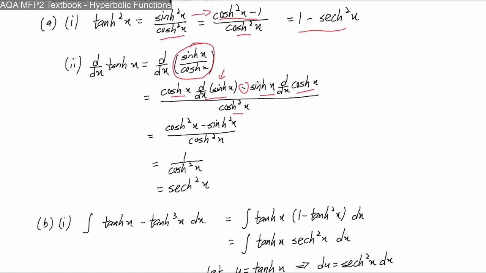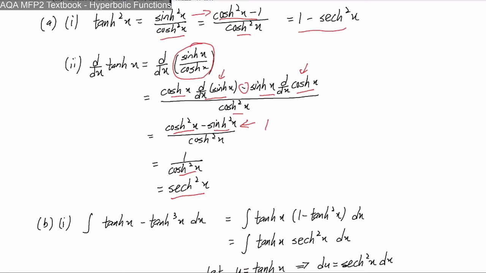So this is why we get cos squared x as the first term. Differentiating cos x gives us a sine x, so this is why we get sine squared x here. After that, the numerator, from the identity, is equal to 1. We have cos squared x in the denominator, so we just move it up and we will actually get this result, which is sec squared x.